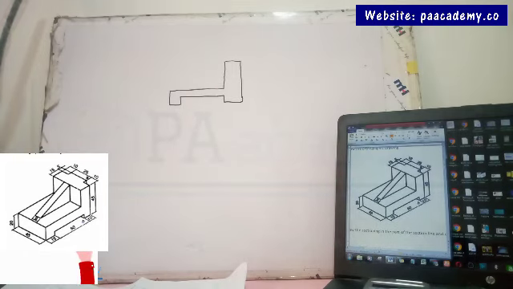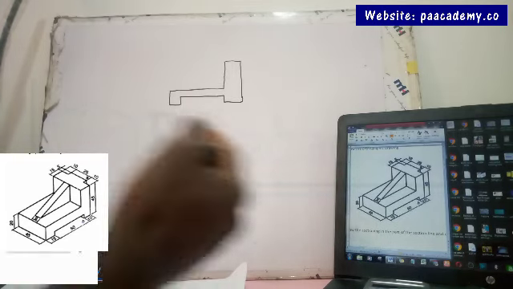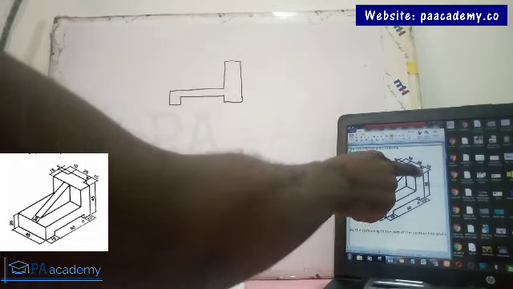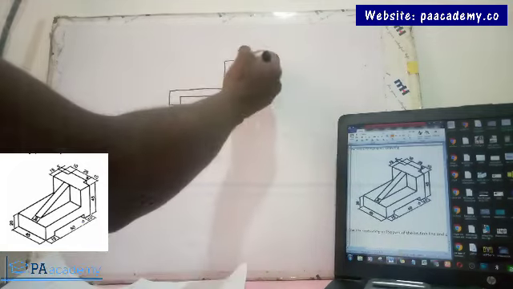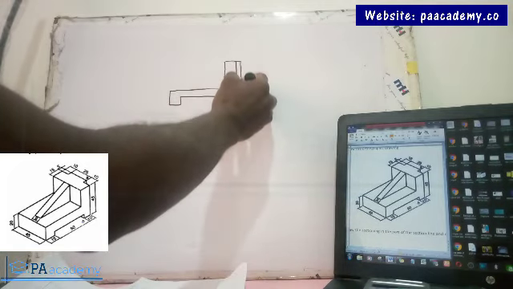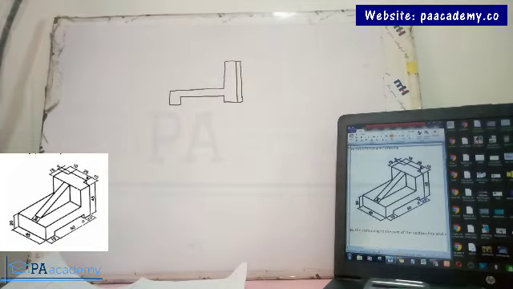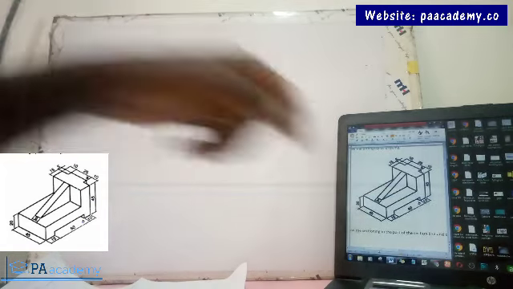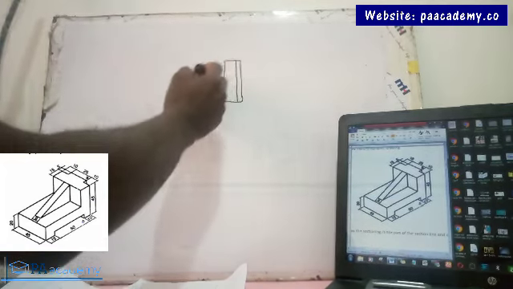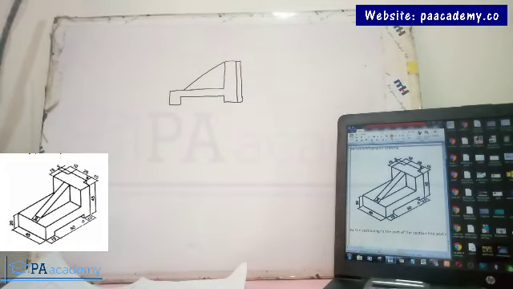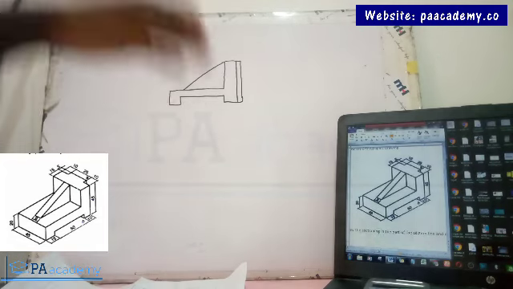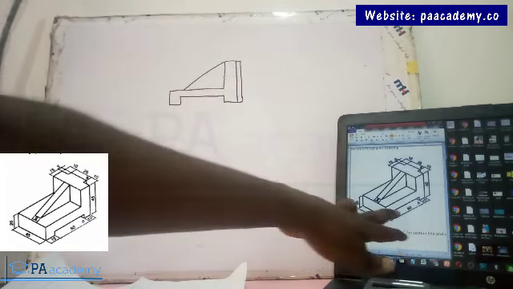Now if you look at this part here, you see that there's a shoot-out here, I don't know what we'll call it, and there will be a line here. So you'll be seeing a line here like this, and this that we're having here is going to look something like this. So this is what we are going to have if you are looking at this drawing from the front view.